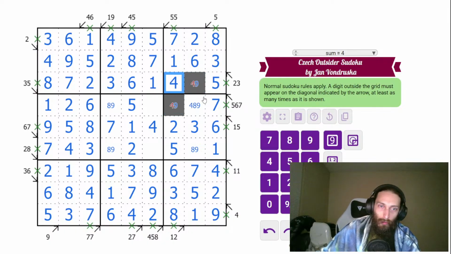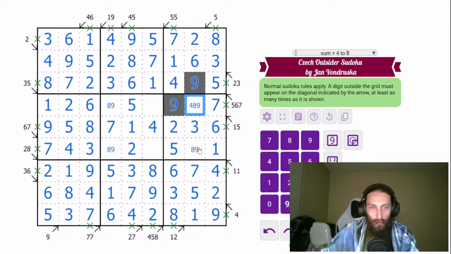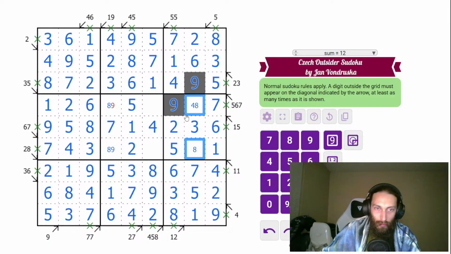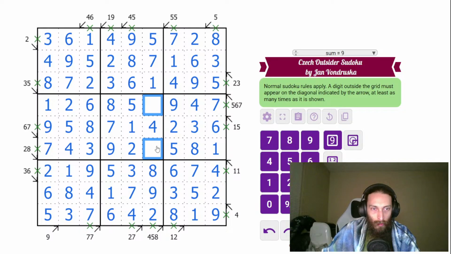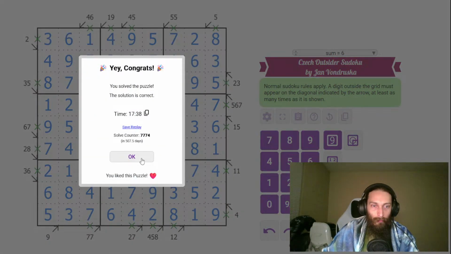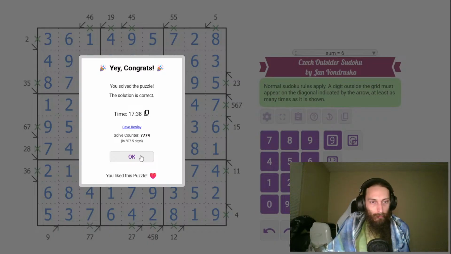This sees both, so it's a 4. 1, 2, 3, 4, 5, 6. There we go.